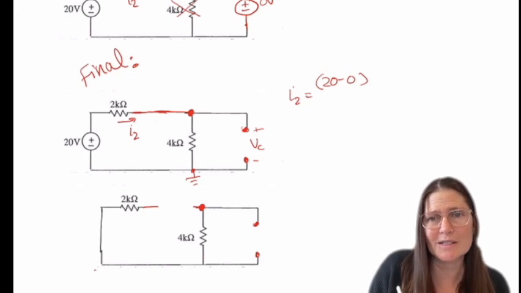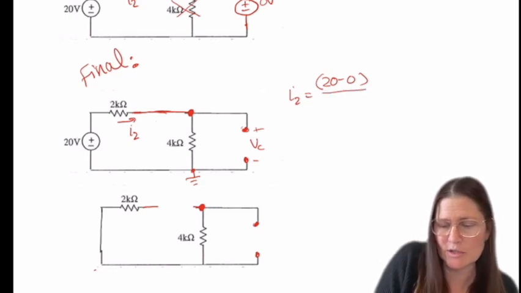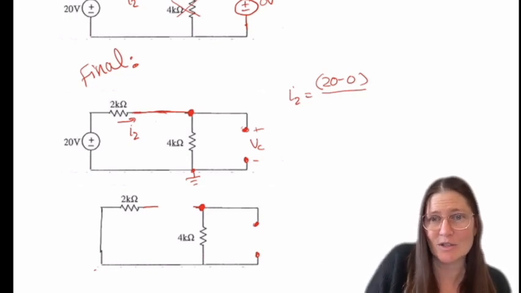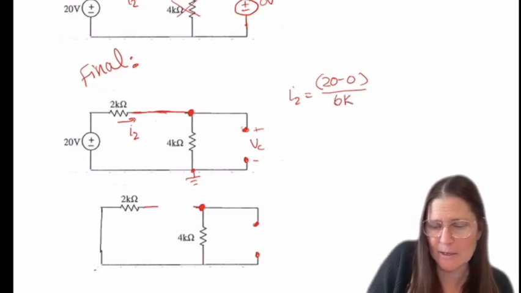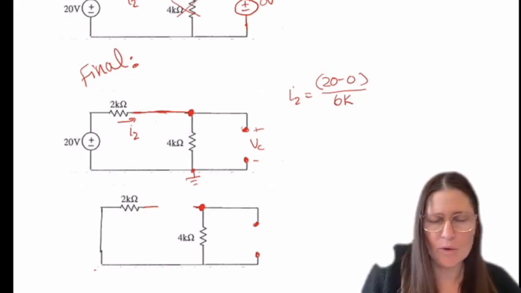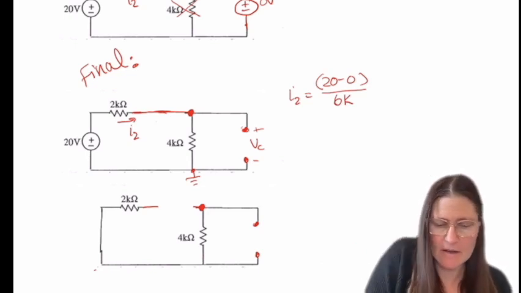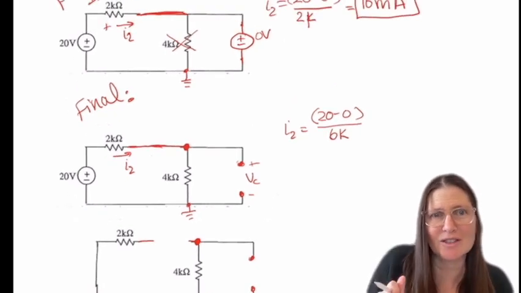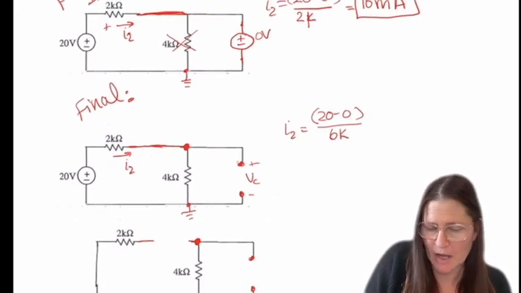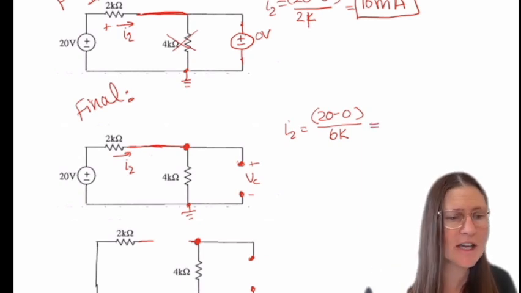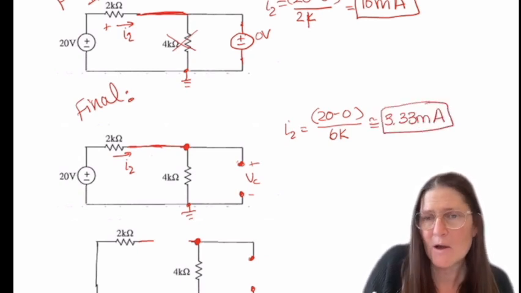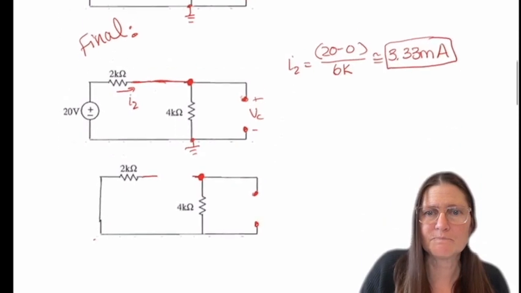Then the resistances between 20 and ground are 2K in series with 4K, so we get 6K. Then this is 20 over 6K, which is approximately 3.33 milliamps. And this is going to be our final value for this circuit.